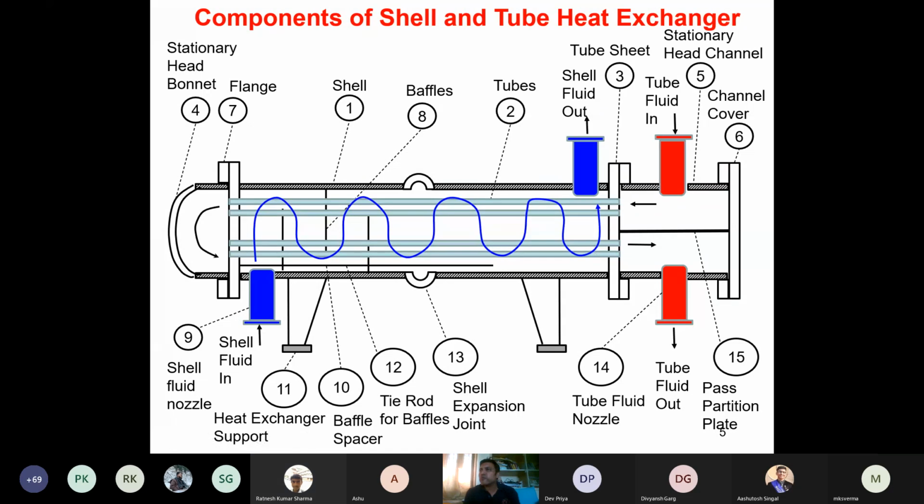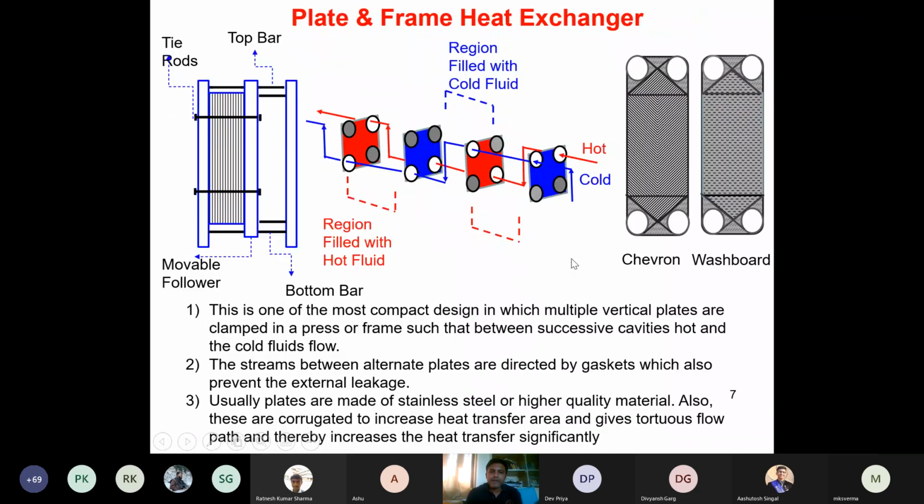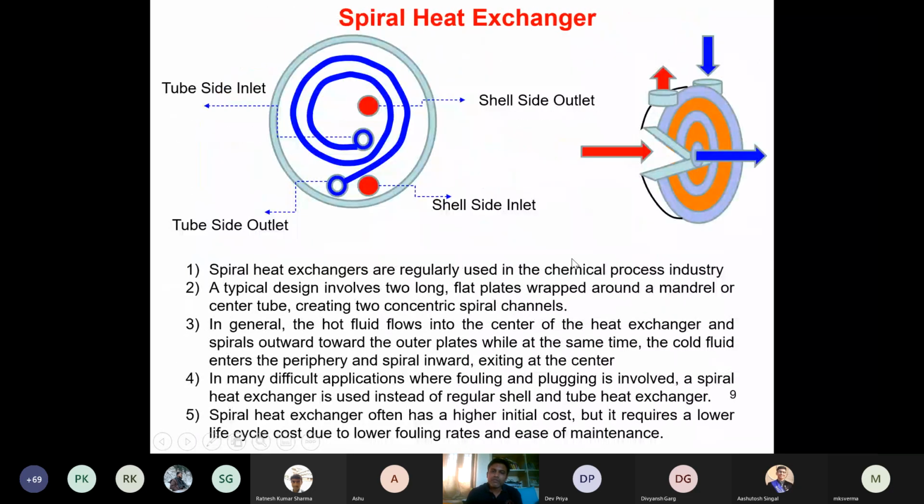So these are the different parts. Have you tried locating these parts in the shell and tube heat exchanger? So these are the different parts you can look at in the experimental setup, or at least the lab TA or the lab assistant will help you to identify some of these. The next thing I will skip.